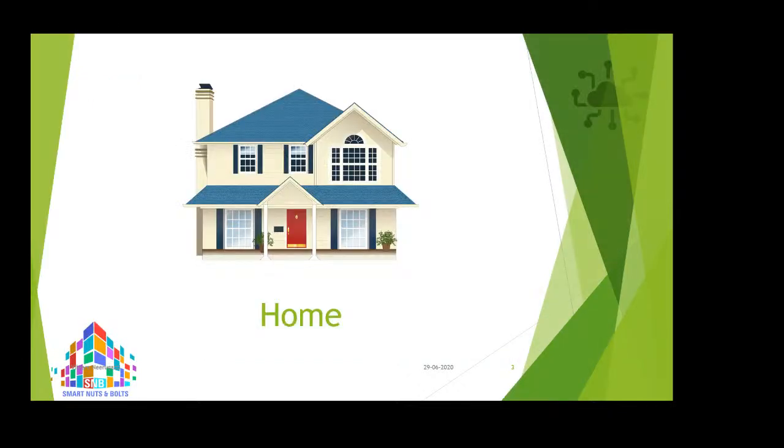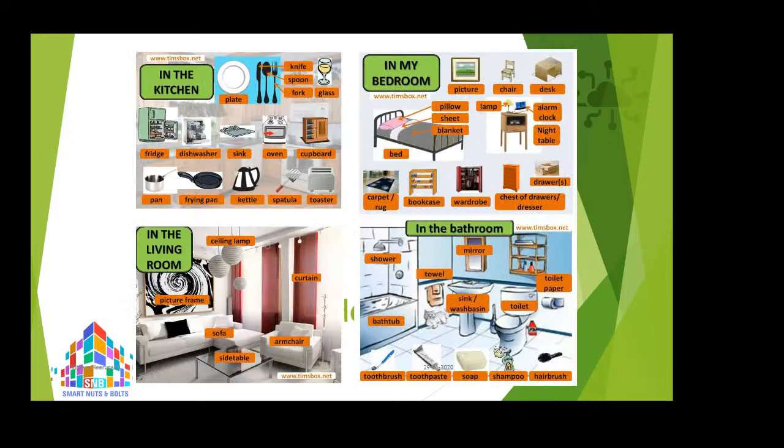So this is the home. In a home we have different rooms like kitchen, living room, bedroom, bathroom. In each and every room we have things. In the kitchen: plate, knife, spoon, fork, glass, cupboard, oven, sink, dishwasher, fridge, pan, frying pan, kettle, spatula, toaster.